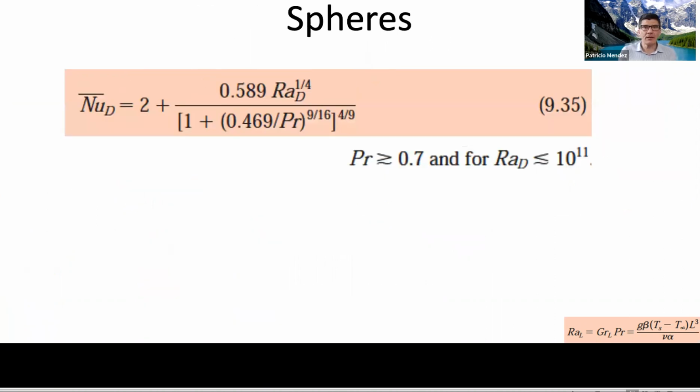And the same thing can be done for spheres. This is very much the same as what we did for external flows. The only difference, the flow is not externally imposed, it just comes from buoyancy. And when Rayleigh is exactly 0, the Nusselt is exactly 2. And this does come from solving the equations of conduction.